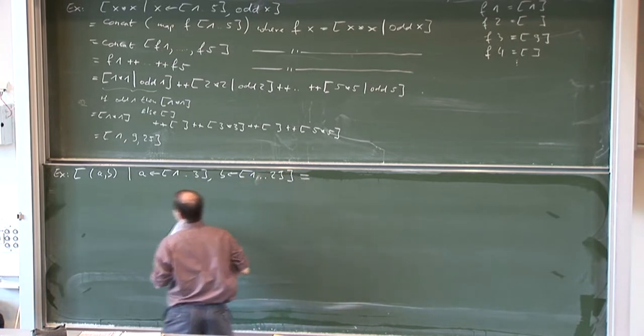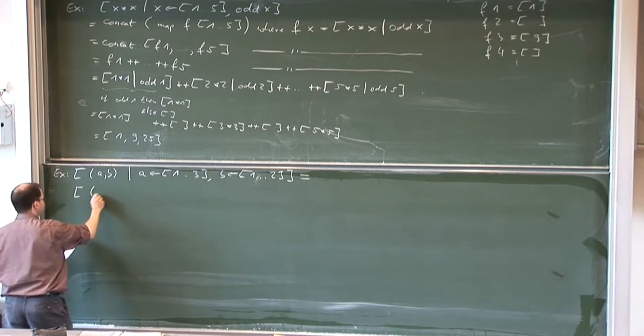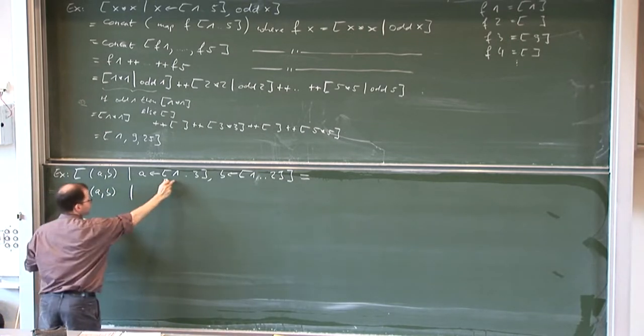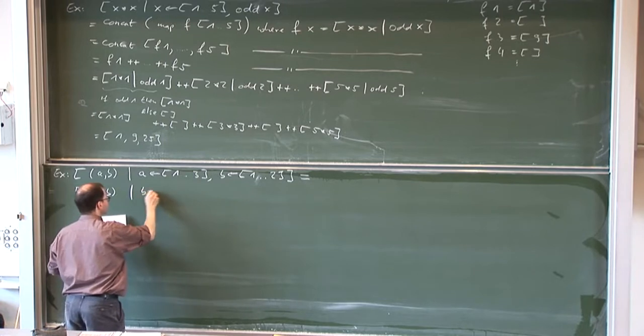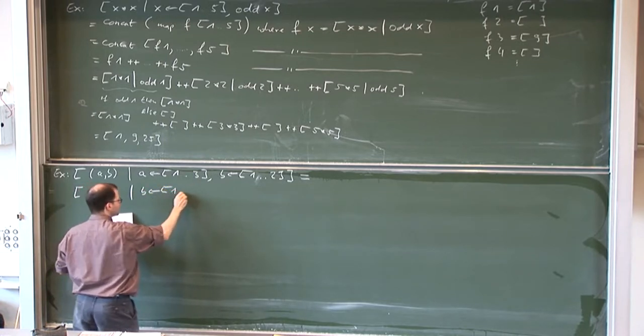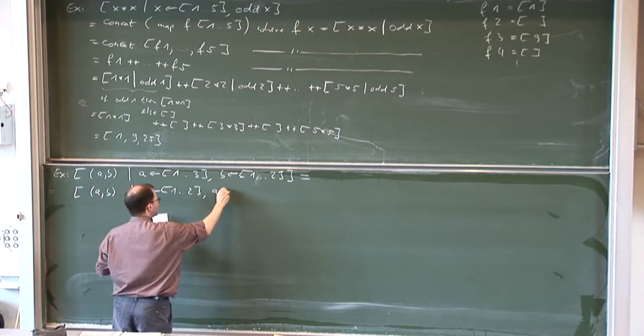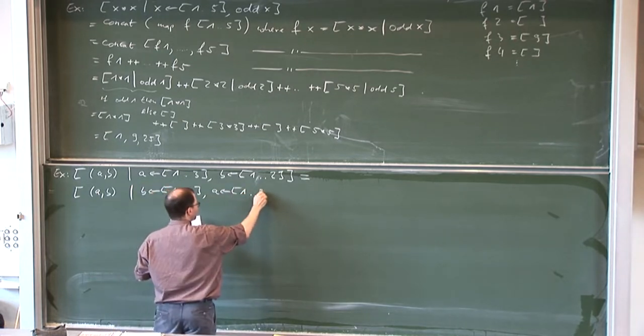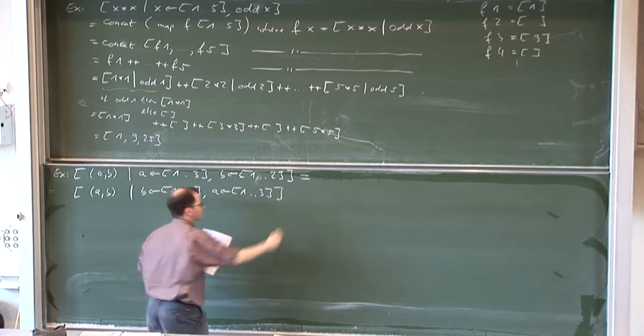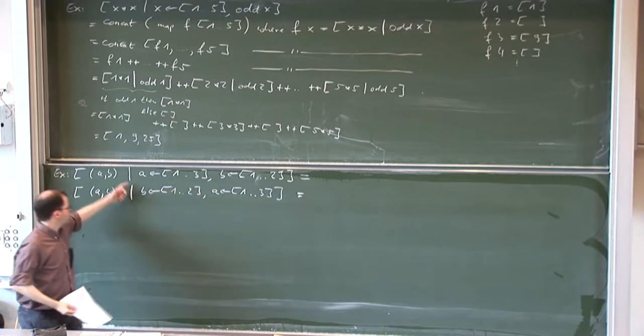Now, we can think about what this is compared to the list that we get when we exchange these two qualifiers. So we could also first write B comes from the list 1, 2, and A comes from the list 1 until 3. So what do you think is the first list?